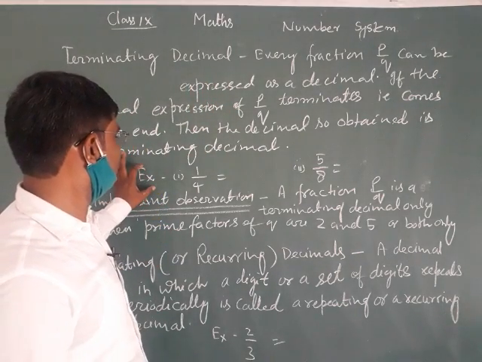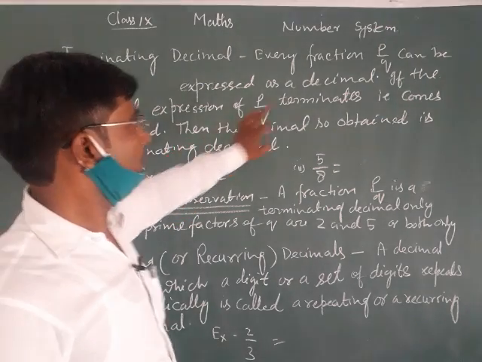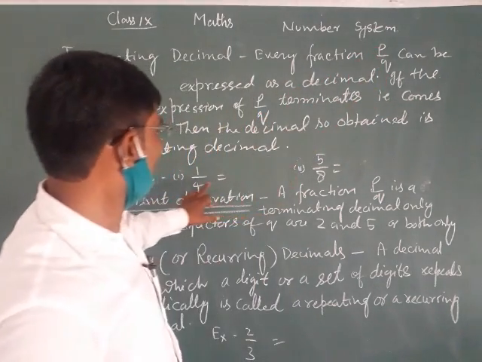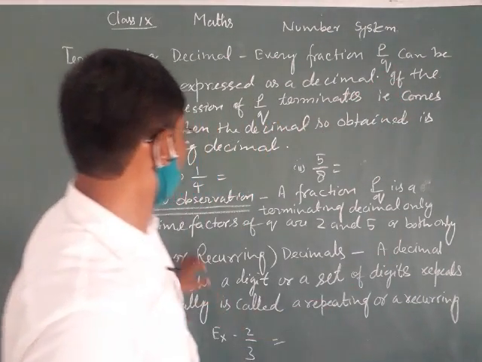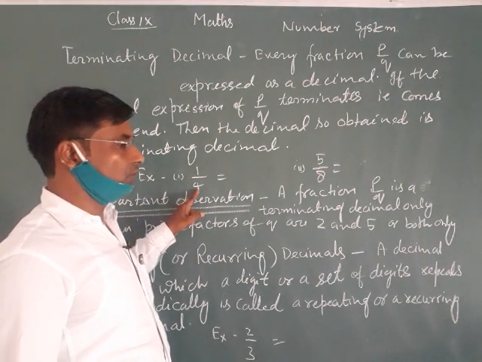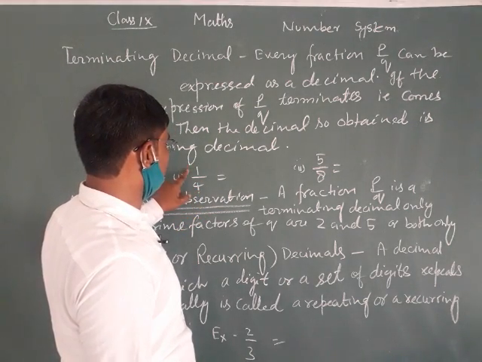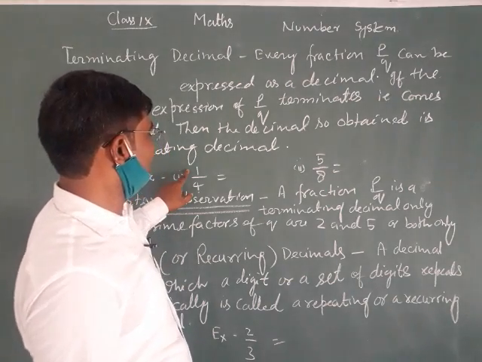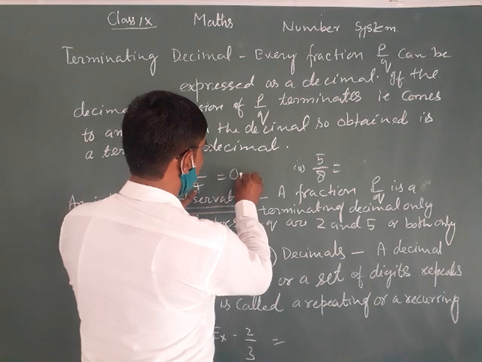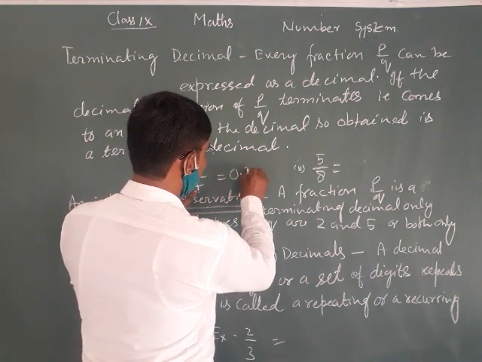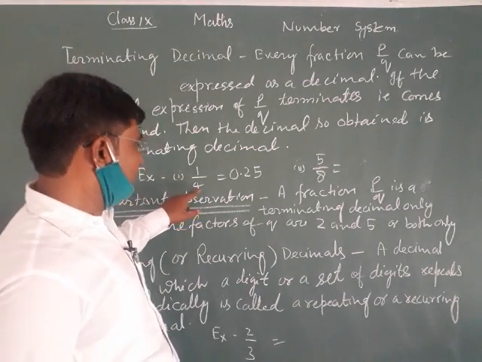An example of this: 1 by 4. So here 1 represents p and 4 represents q. So 1 upon 4. On division, 1 by 4 gives quotient 0.25 and remainder 0.